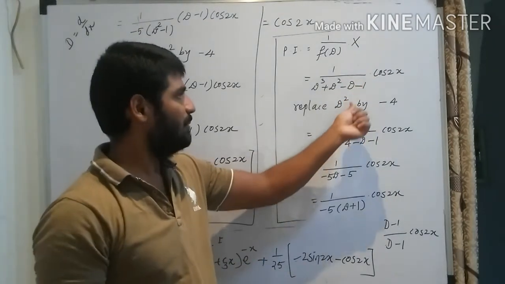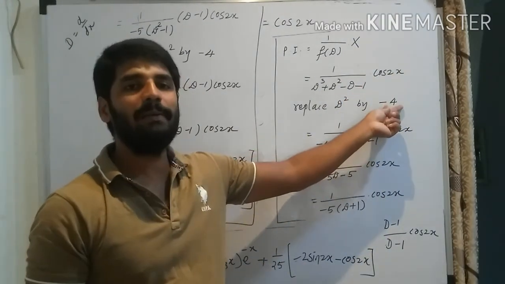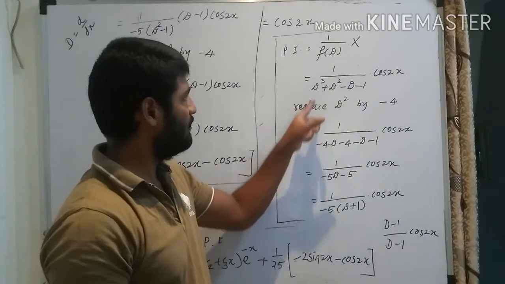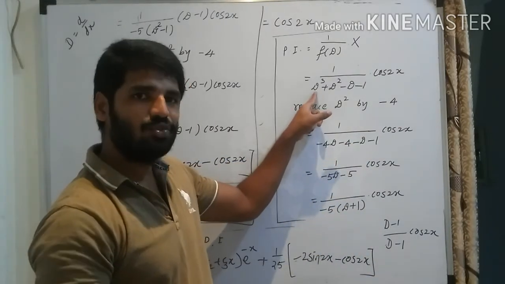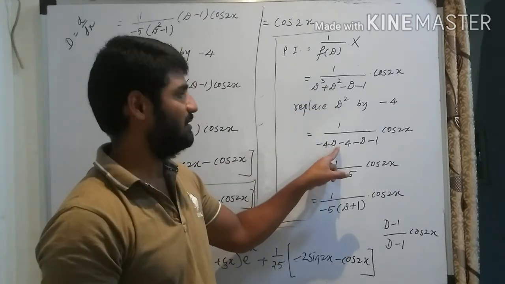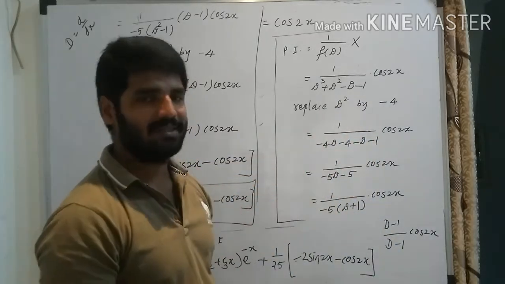In that case, we have to replace d square by minus a square. So a is equal to 2, that's why we replace it by minus 4. This d cube can be written as d square into d. This d square is replaced by minus 4, d remains as it is, this d square replaced by minus 4, and this minus d and minus 1 remain as they are.